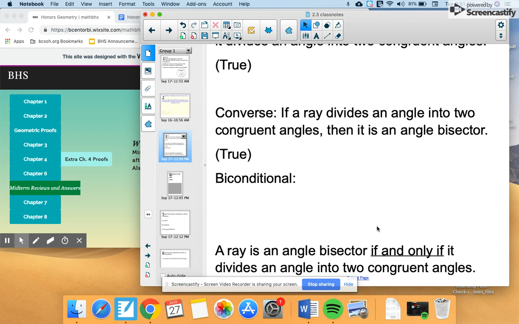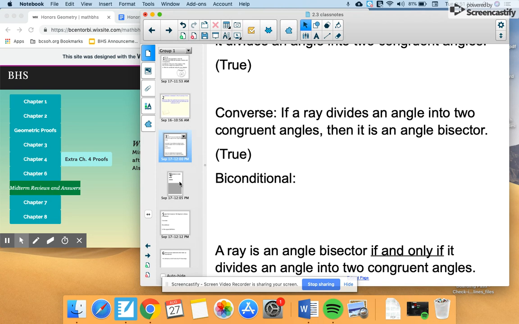And then I have my last statement, it divides the angle into 2 congruent angles. Now, if you notice, there's no if in the beginning, there's no then in there. So we got rid of the if and the then, and then in between them, we put an if and only if. So now this would be a definition for an angle bisector because our converse and conditional are true. So our biconditional, the full thing is true, so that would make a good definition.